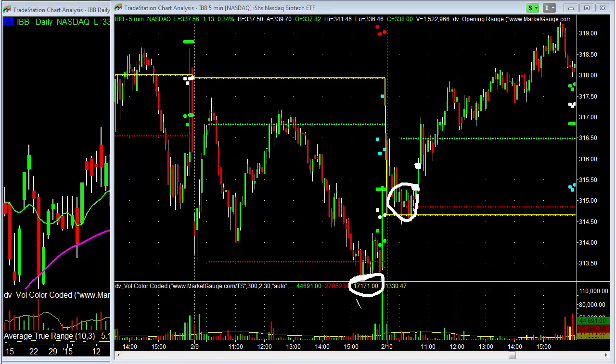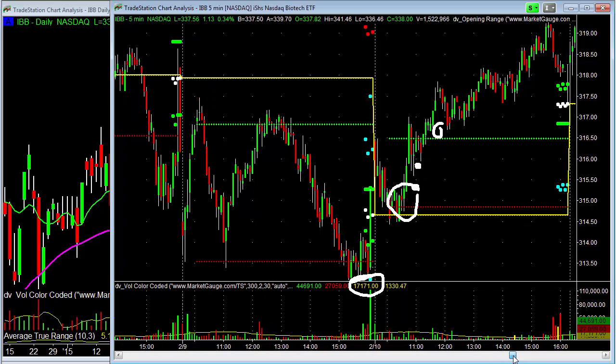That would have been perfect for me in terms of looking for a swing trade entry. As it turns out, I think I actually bought more on this breakout up here. I think that was my add. I don't remember exactly. I don't think I was quick enough to buy more on the opening range reversal on that particular day because I hadn't really gotten my confirmation at that point, but that's swing trading.